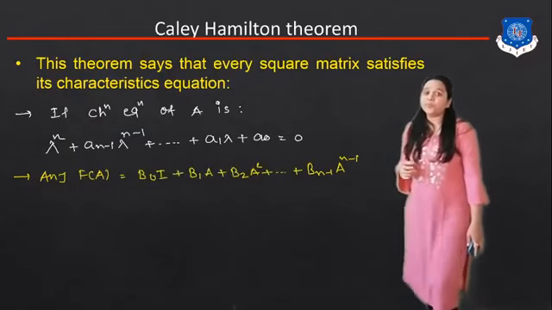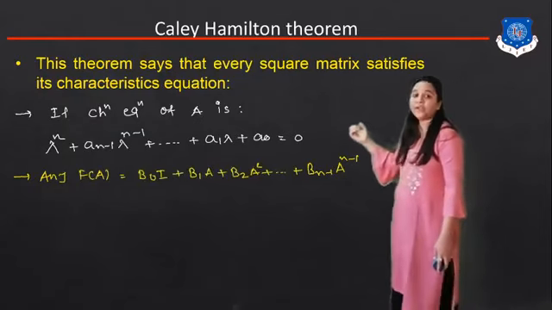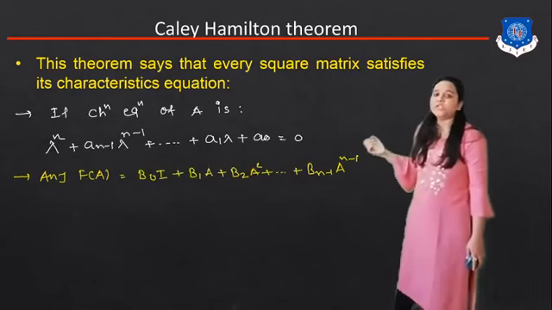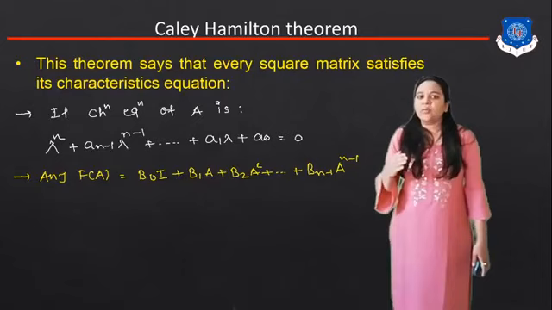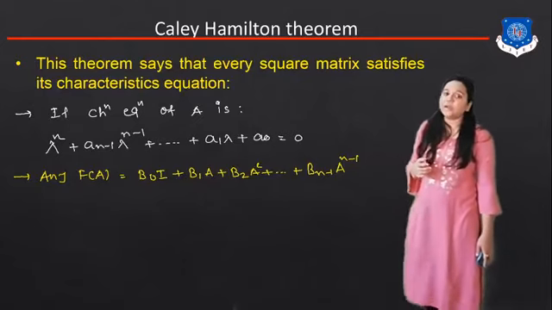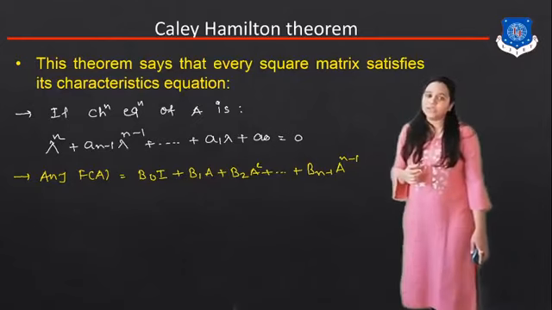Now any function of A is equal to b0 I plus b1 A plus b2 A squared, up to b(n-1) A raised to n minus 1.